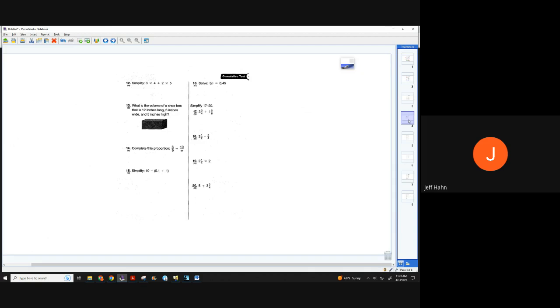Cora. 18 is 1 3/4. What was number 3? 3 was 60%. What's number 1? 1 was 4/5 for the fraction and 0.8 for the decimal. Carrie. What was 5 and 6? 5 was 44 and 6 was 90. Now then you can pass them back.